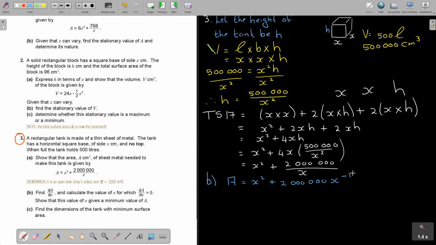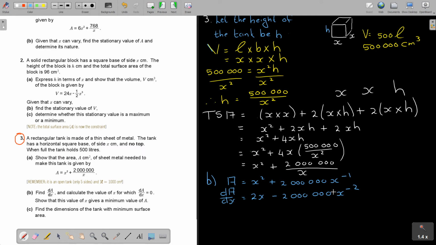Okay, so if I'm going to differentiate this, I'm going to get dA over dx is 2x minus 2 million over x squared.